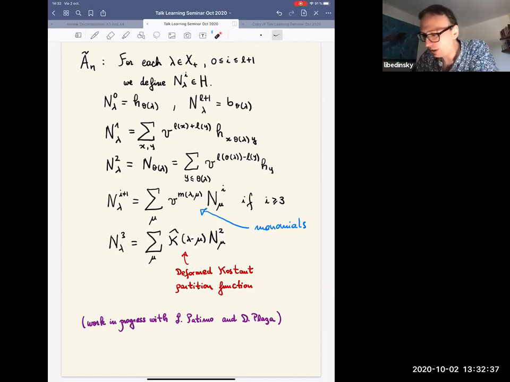And you can calculate explicitly the n1. It's just the sum over x, y of this kind of standard basis. The n2, this is a theorem now. We proved it yesterday, that the n2 is the n as I defined before.